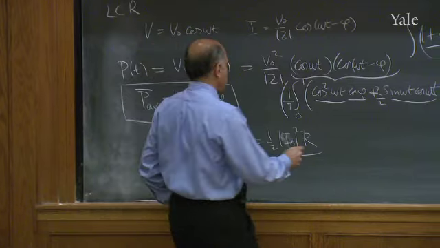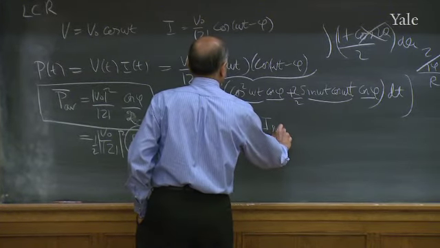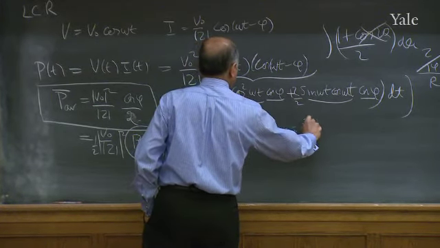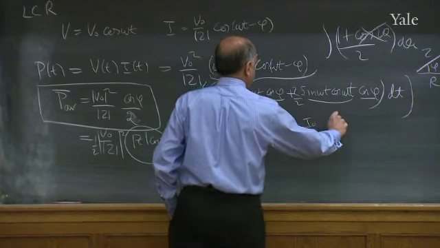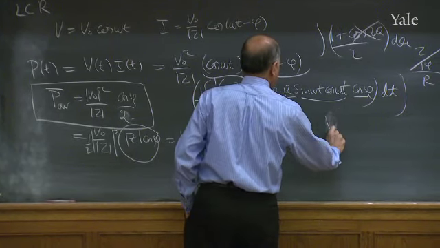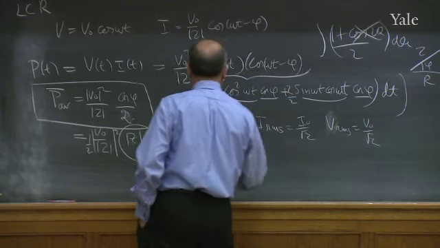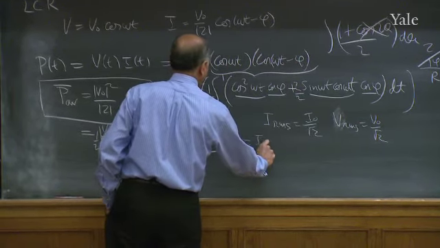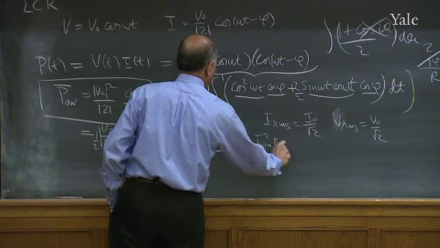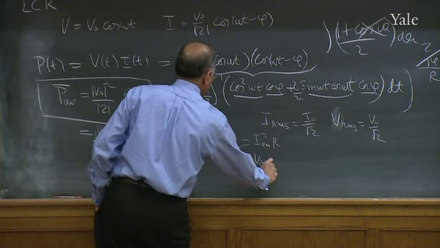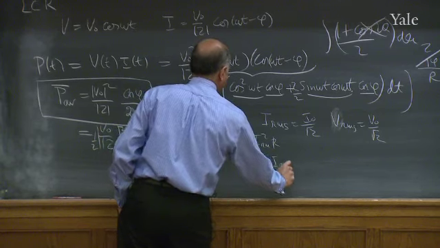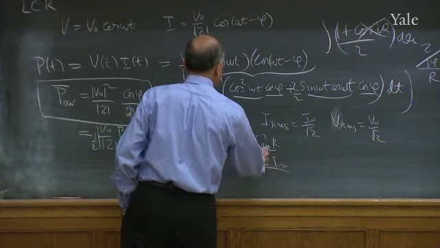So what people sometimes like to do is define something called the RMS current, which is I naught over root 2, and they define the RMS voltage, which is V naught over root 2. Then the whole thing looks like I RMS squared R, or if you like, V RMS times I RMS, period.